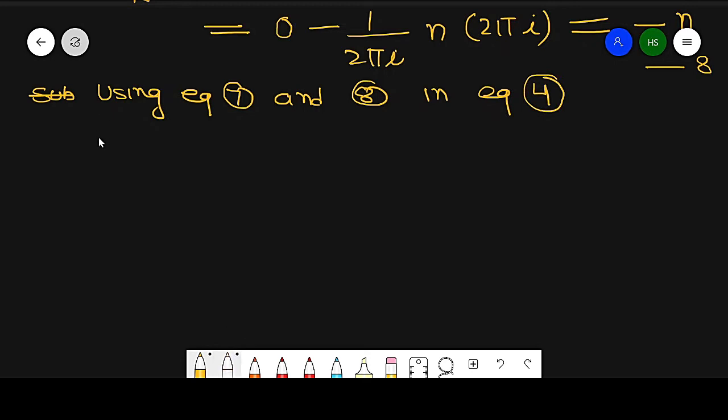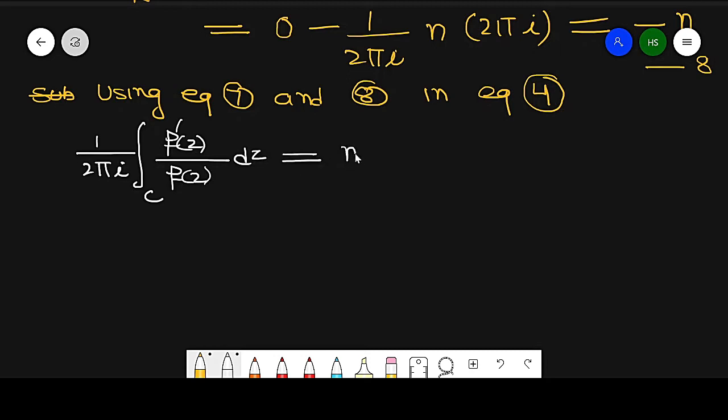We get 1 over 2 pi iota, integration around C, of f'(z) over f(z) into dz, which is equal to small n minus small p. So this is my result.